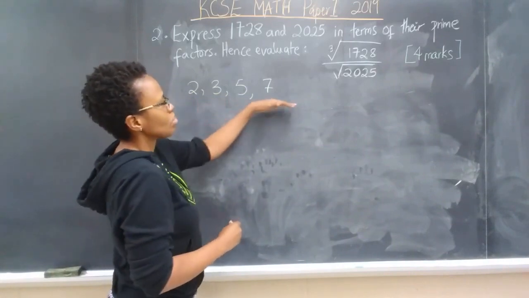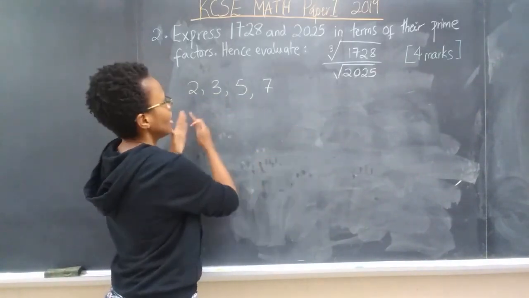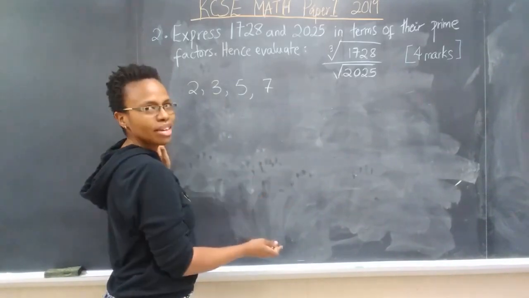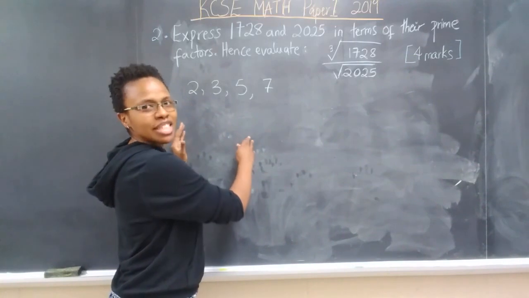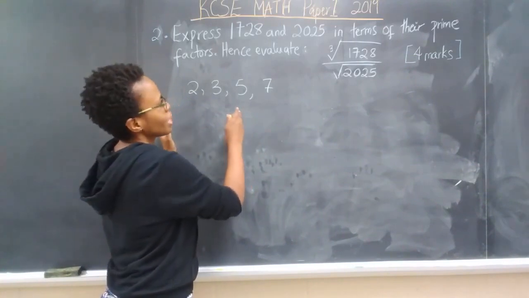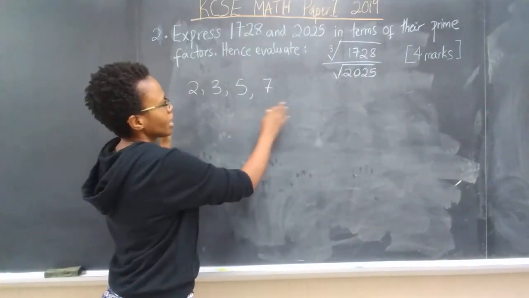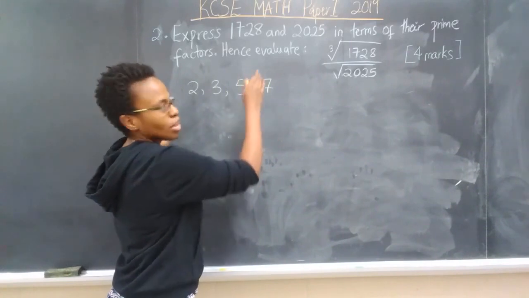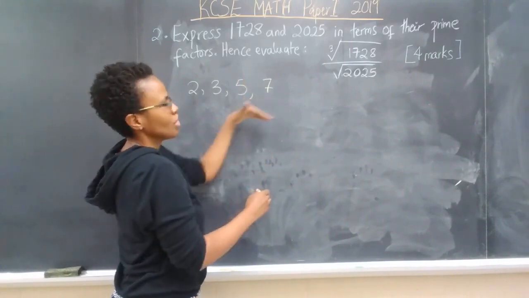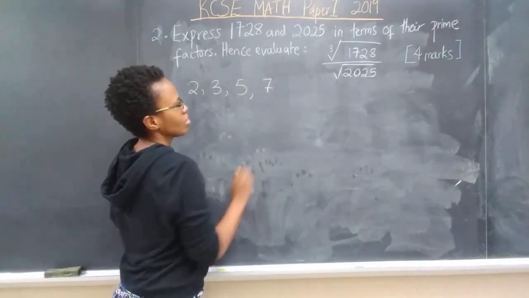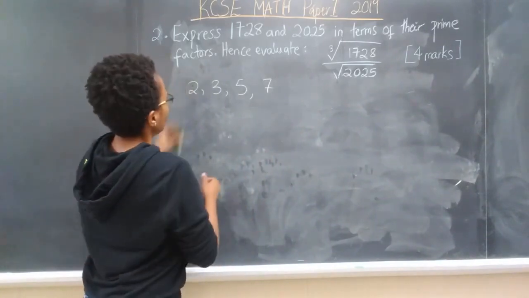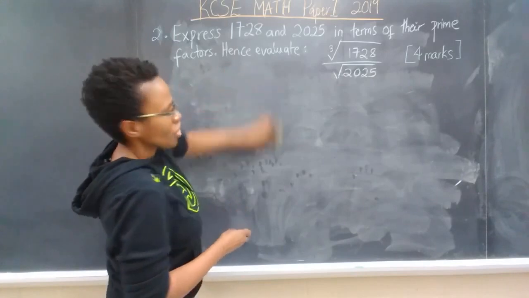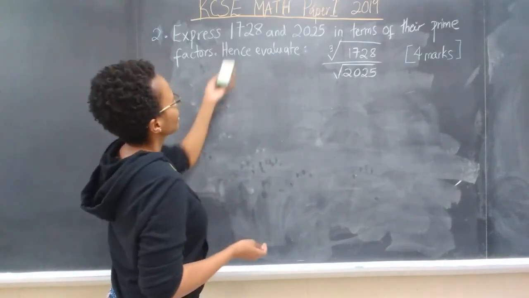Obviously there are prime numbers larger than these that go beyond 10, but for the KCSE exam, it is highly unlikely that you will be told to factorize a number and then it'll have very large prime numbers greater than 10.